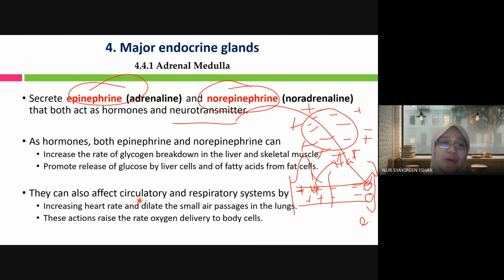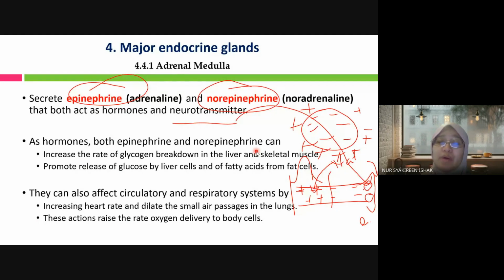They can also affect the circulatory and respiratory systems by increasing heart rate and dilating the small air passages in the lung. This action raises the rate of oxygen delivery for body cells. As you can see, these are the effects of epinephrine and norepinephrine for fight or flight reactions. Your body needs instant energy supply, instant fuel.